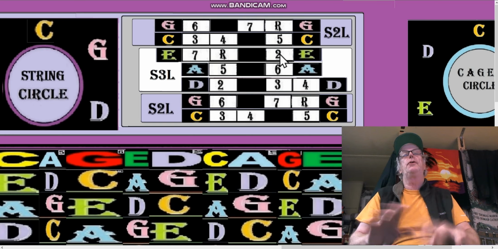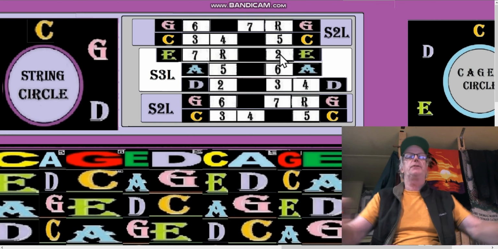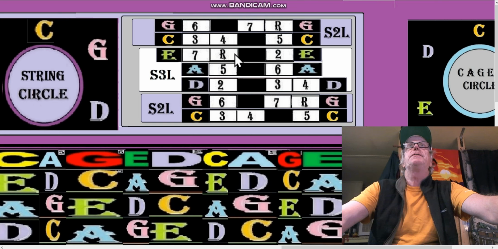No matter what the song did, once you got the key of the song and fit this major scale, which would be root 2, 3, 4, 5, 6, 7 root, right? You got the two patterns, the S2L and the S3L. I've shown the S2L stacked on top of here. Once you fit these patterns to the music, you can play away.